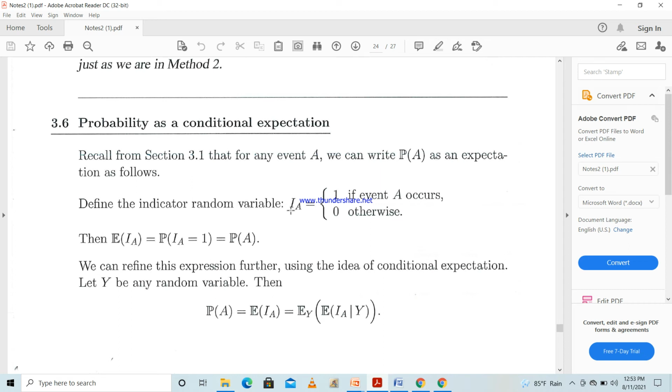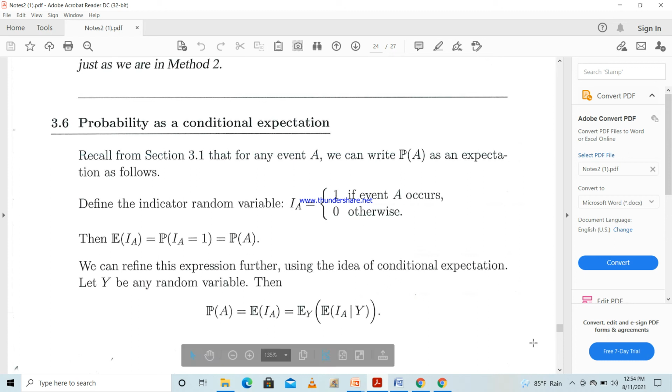If you take I_A as a random variable, I_A is equal to 1 if A occurs, and 0 if it does not occur. We have already proven that when you take the expected value of this indicator random variable, that is equal to the probability where I_A is equal to 1, or in other words, the probability of event A.